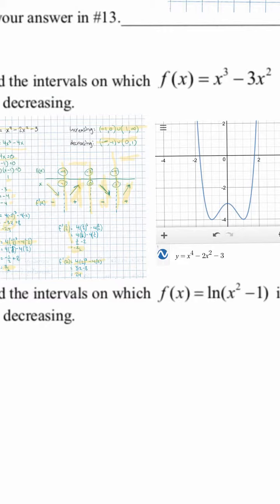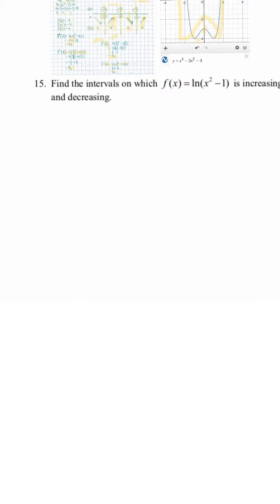So I did graph my function using Desmos, and you can see that it is decreasing, then increasing, decreasing, increasing, decreasing, increasing, and yeah, at -1, 0, and 1 are my two minima and my maximum.